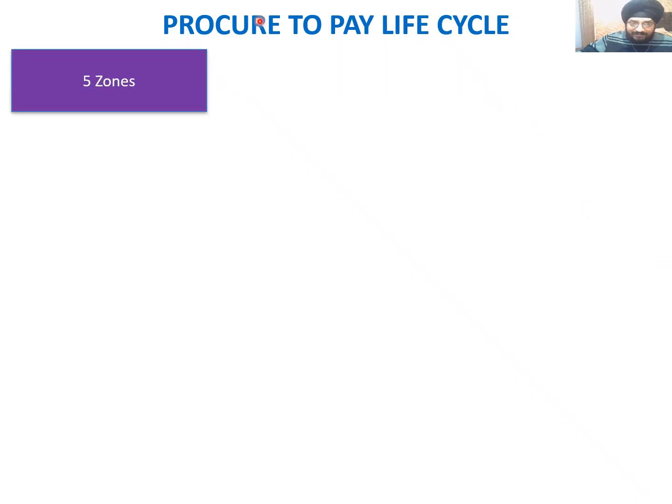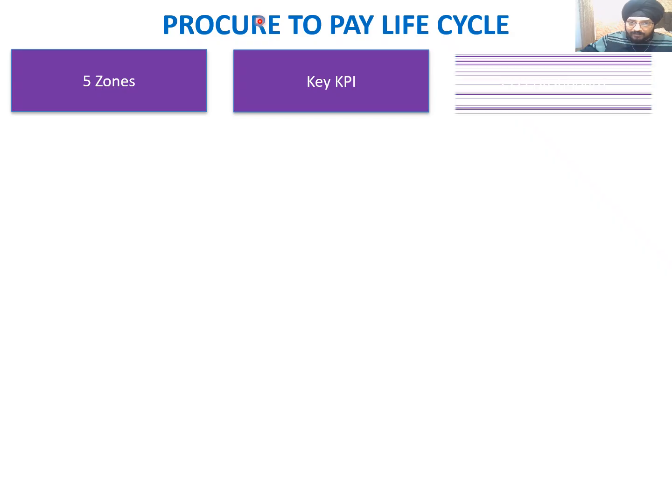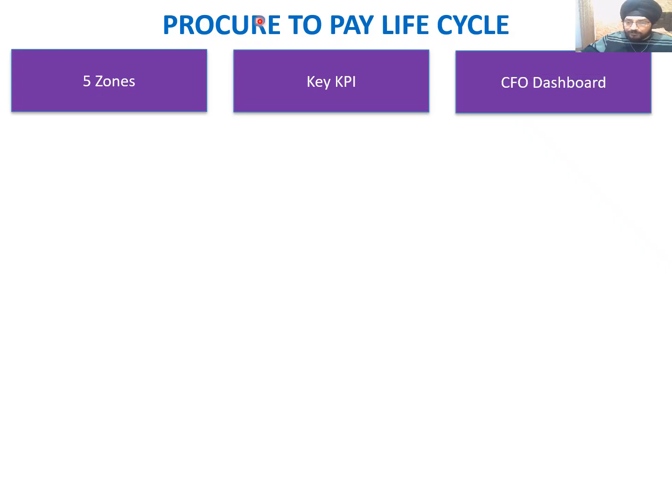Five zones, key KPIs and the CFO dashboard. We have created the presentation deck in the same fashion as we did for order to cash, so that we have a symmetry.